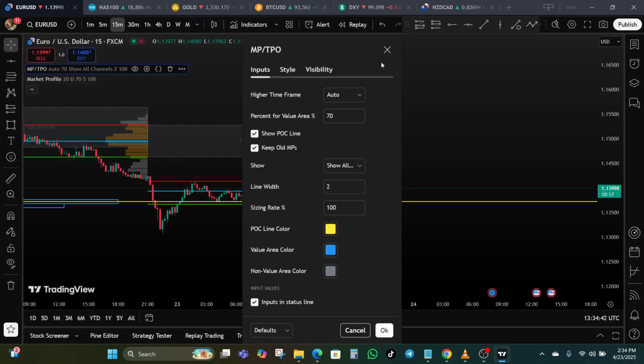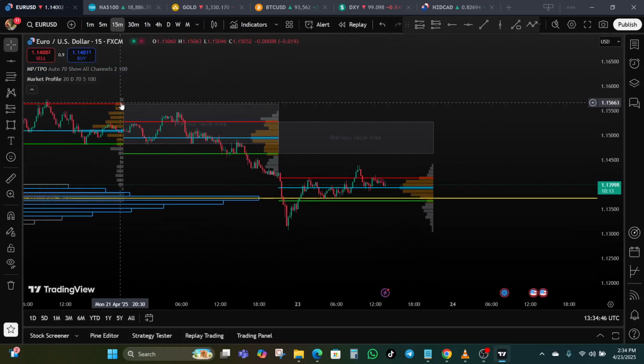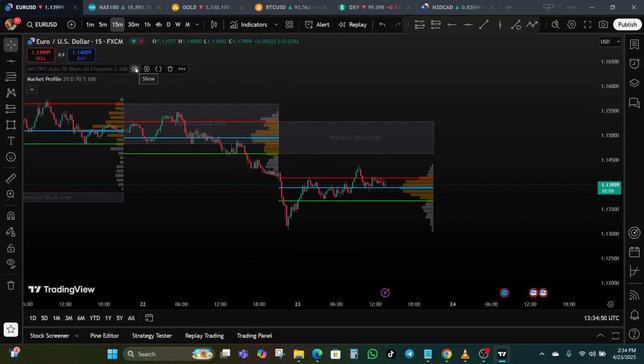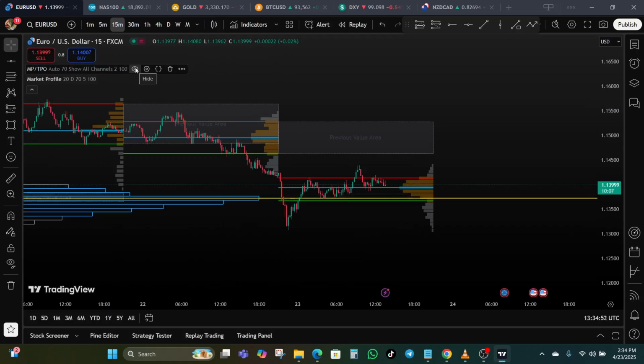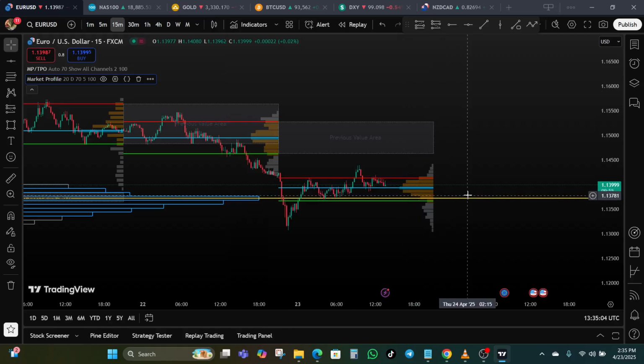This is the non-value area color. Let's see, this is the color of the POC, the point of control, the previous value area, the value area low, and all of that. So now I needed you to see that also.